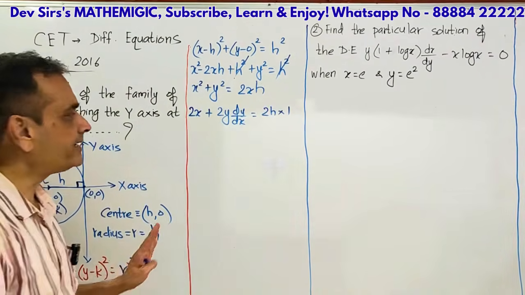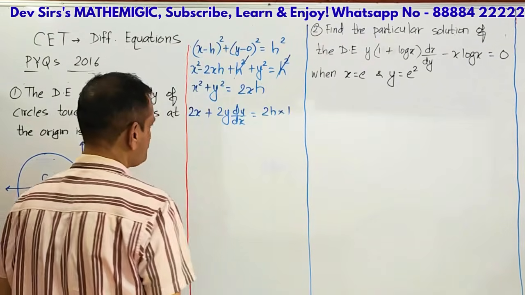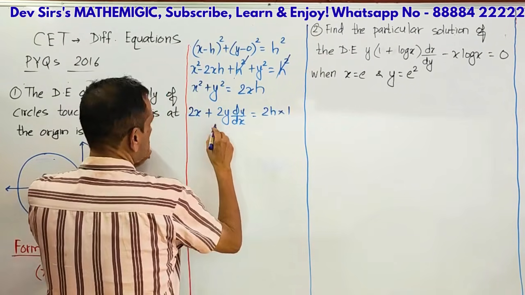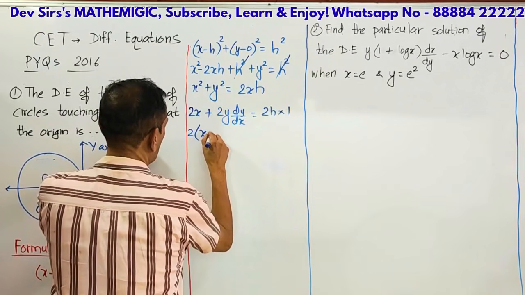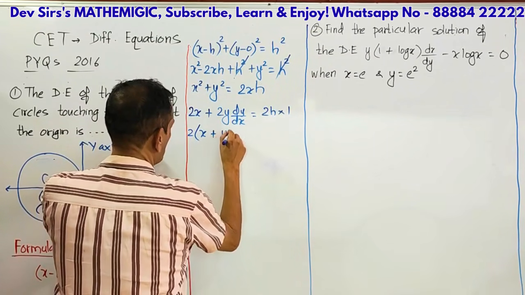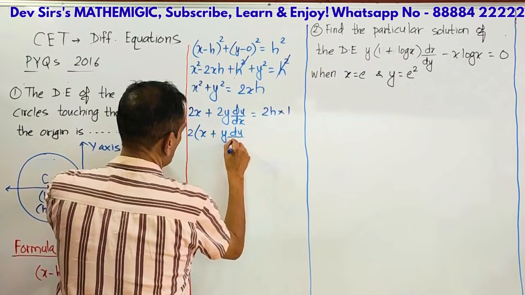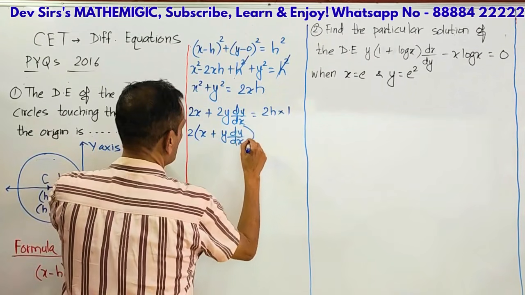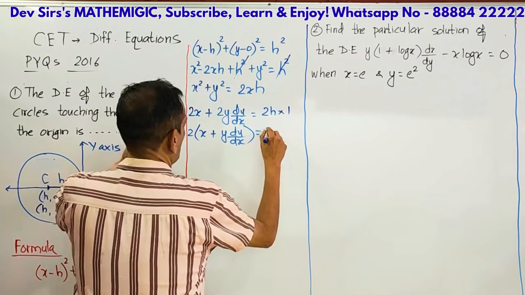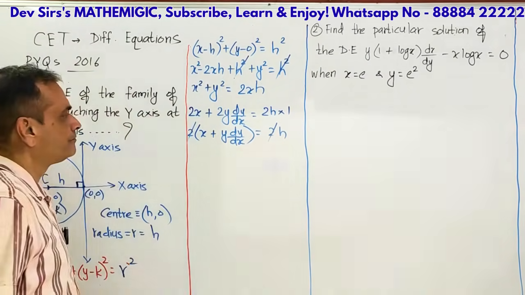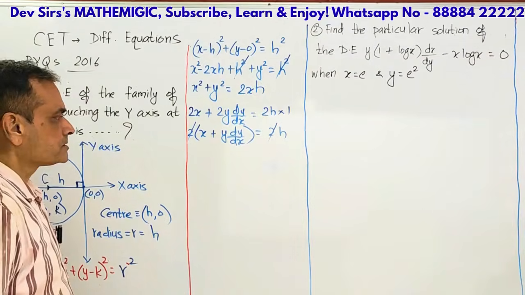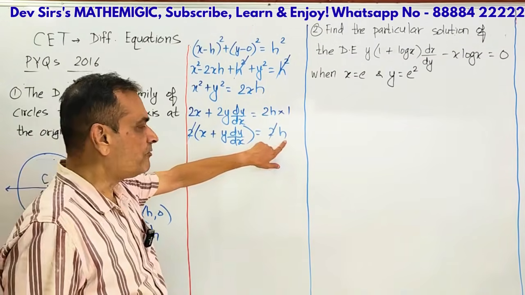We keep the constant outside, and the derivative of x is 1. So take out 2 common. So I have got the value of h now.